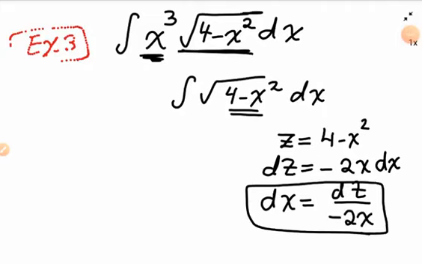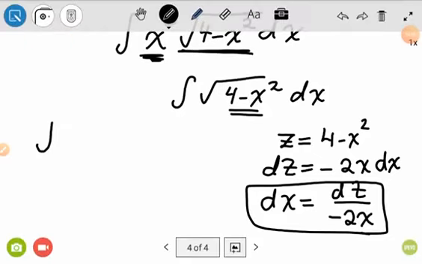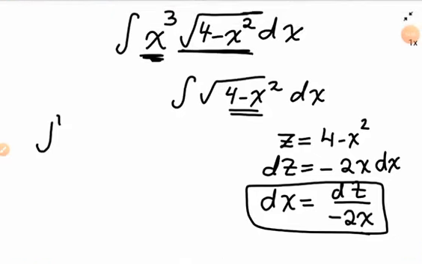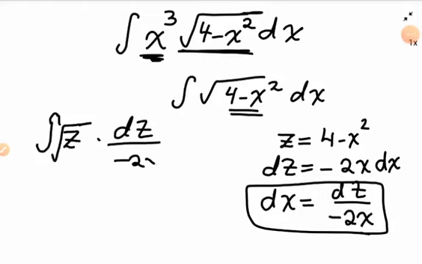Yeah, correct. But when we substitute again, the integral of, not u, z, we let it z. The integral of radical z, because we let the inner function 4 minus x squared be z, times the dx, which is dz over negative 2x.